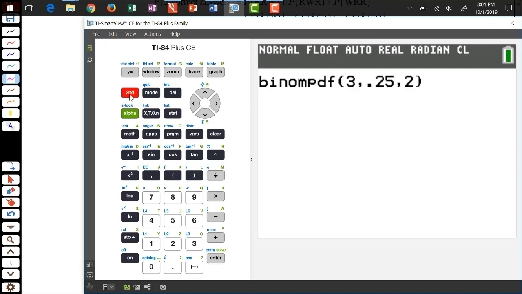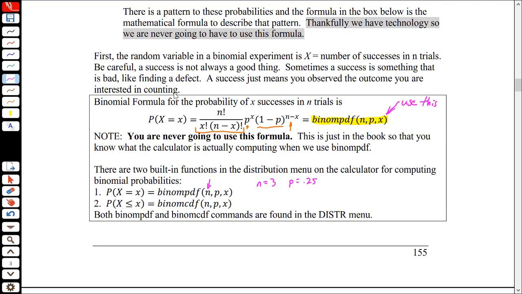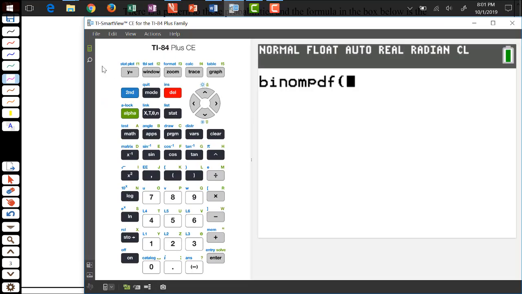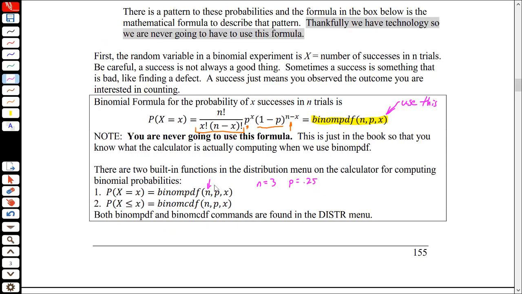Depending on your calculator, though, instead of getting that menu, you might just get Binomial PDF popping up on the screen. And then we're just going to type it in with that same syntax that we wrote down here: n, comma, p, comma, x. So I say the n is 3, comma, the p is 0.25, comma, the x that we're looking for is 2, and I get 0.140625.